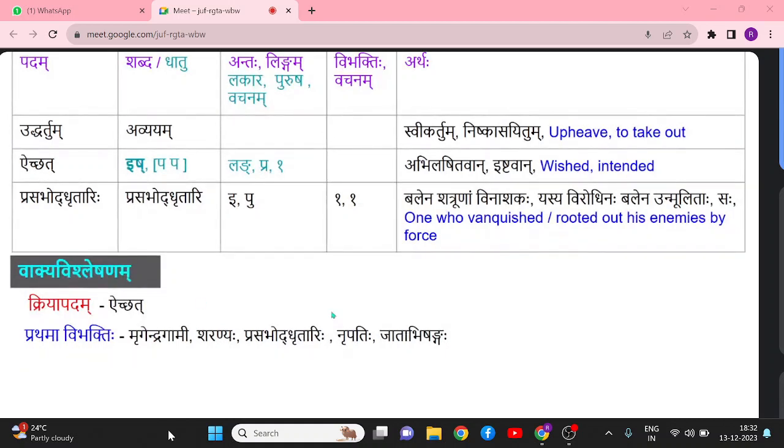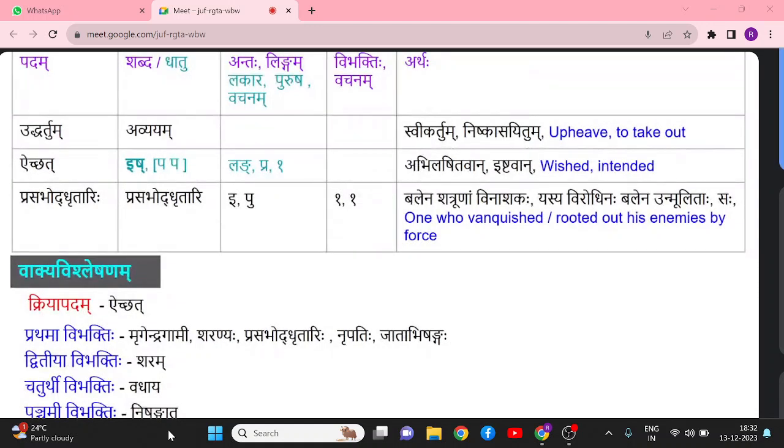Dvitiya Vibhakti, Sharam, the arrow. Tritiya Vibhakti, nasti. Chaturthi, Vadhaya, to kill. Panchami, Nishangat, from the quiver.